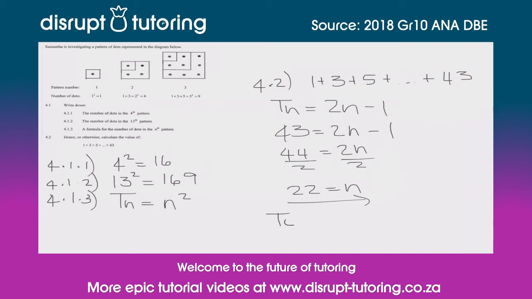We would know that the total dots is going to be n squared. If we sub in now 22 equals n, so 22 squared, that is going to give us an answer of 484. All right, so nice and tricky, nice and complicated, getting the brain working nicely.